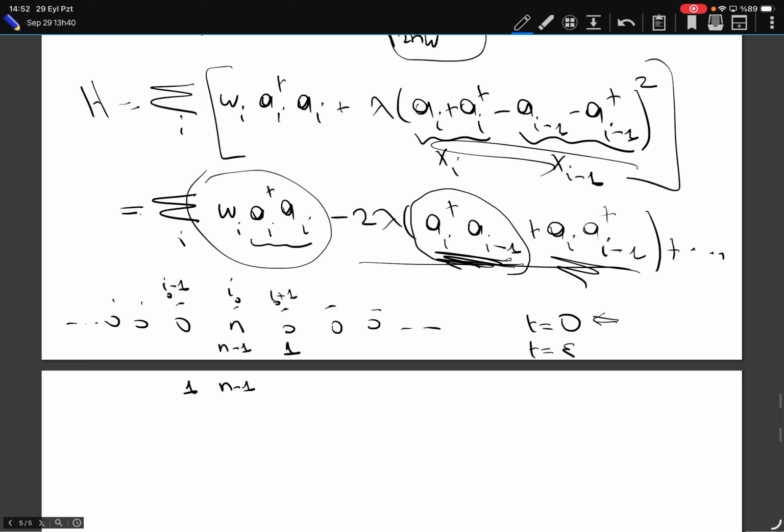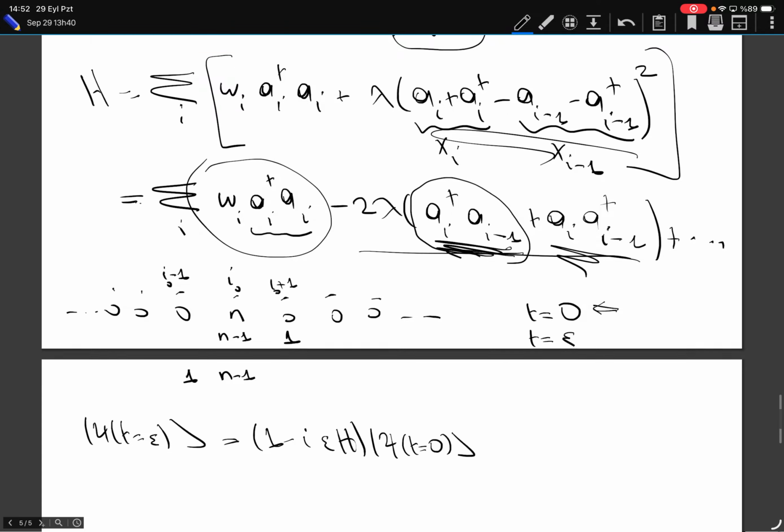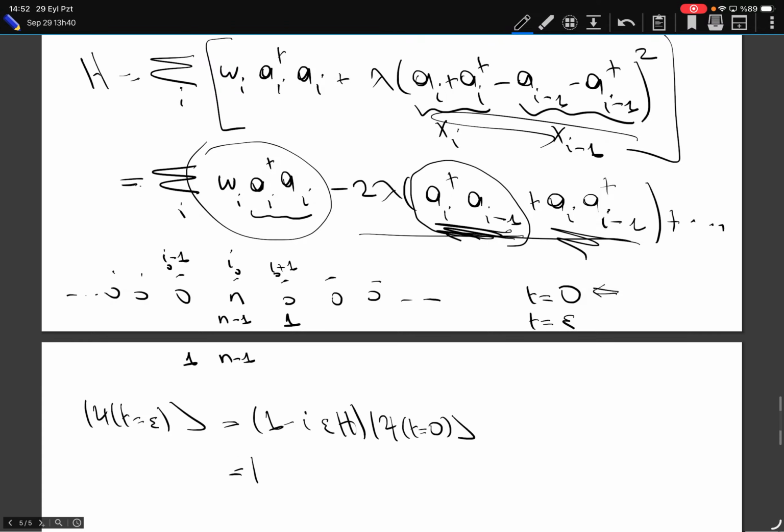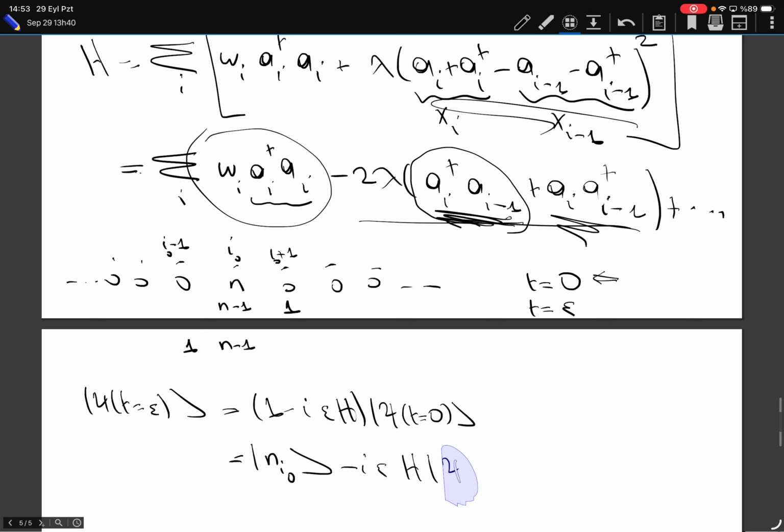Just remember, my wave function at t equal to epsilon is 1 minus i epsilon H at t equal to 0, acting on the state at t equal to 0, which is n at i0. I have n particles at the site i0, minus i epsilon H acting on the same state.